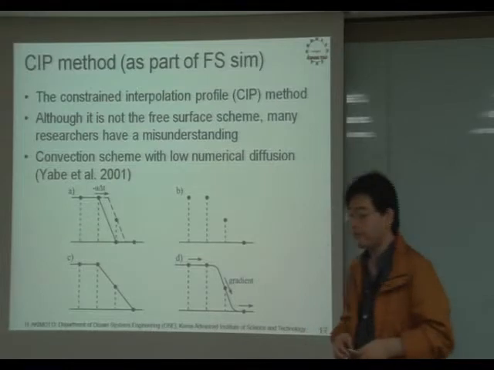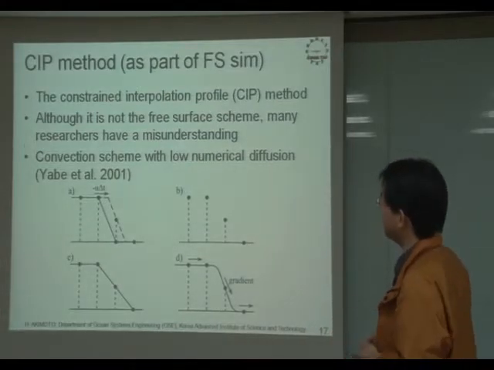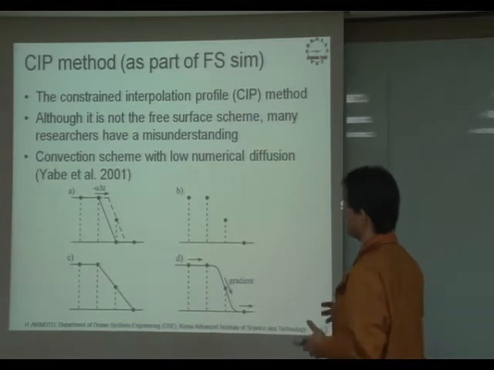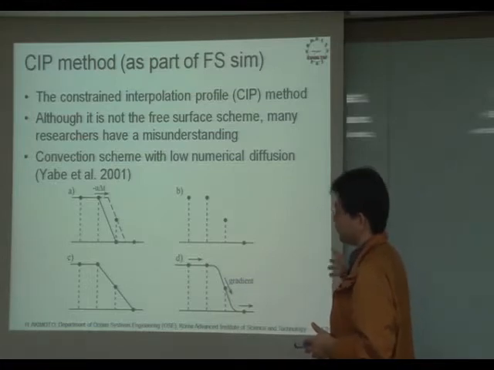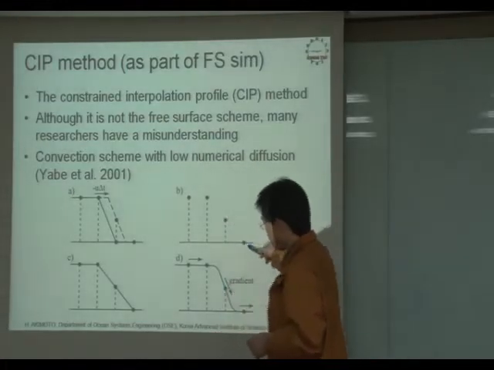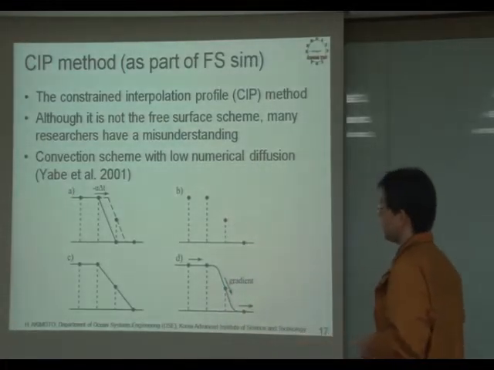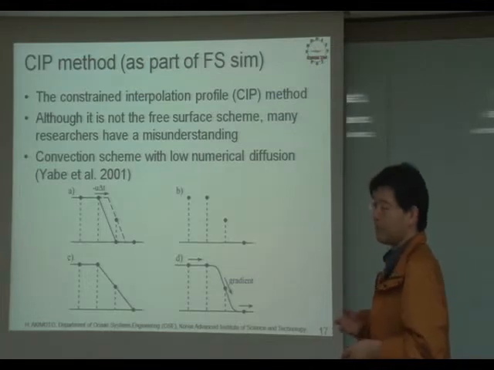The basics of the CIP method is interpolation in the sparsely located computational grids. This figure illustrates the usual treatment of convection and numerical dissipation.